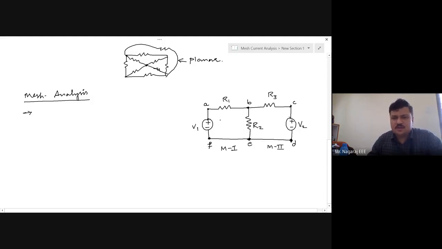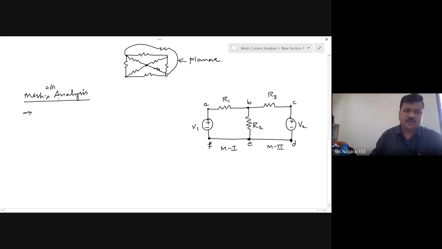So it means that I should assume the current. Okay, so here what I will do, I will assume the current in each loop or in each mesh, and write KVL equation. Okay, but the analysis is mesh current analysis. It means that I should be assigning the mesh currents.